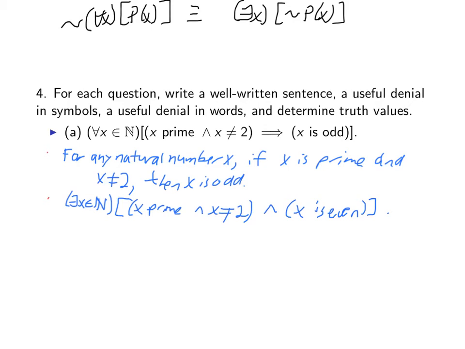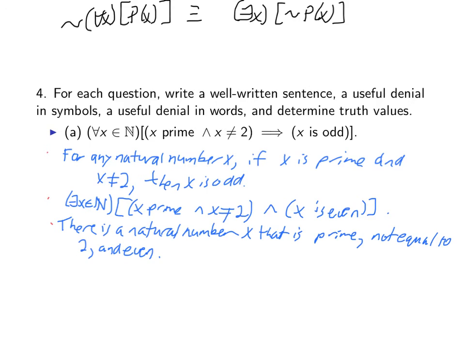There is a natural number x that is prime, not equal to 2, and even. However, that can't be true, right? Because, in fact, the original was true, right? If x is prime and it's not equal to 2, then it's odd, right? Every other even number is a non-trivial multiple of 2.